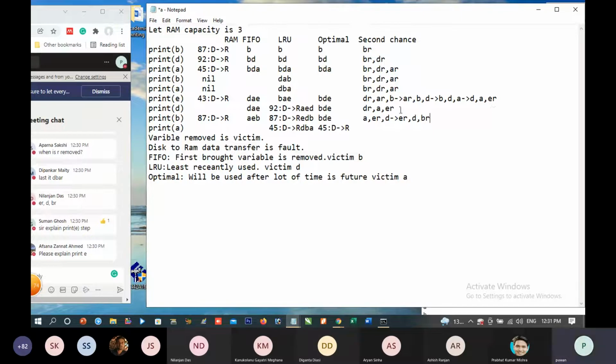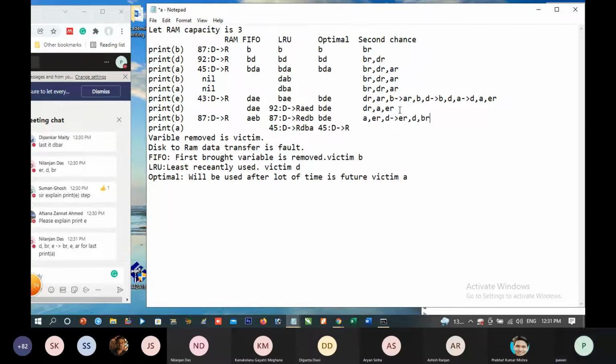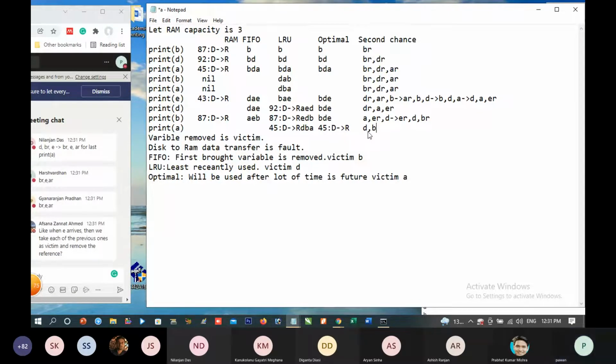Okay. Now, any doubt now? Suman, is it clear to you? We shall see to it. We will try to remove E, but E is referenced. So we shall write D, BR. We shall write D, BRE.